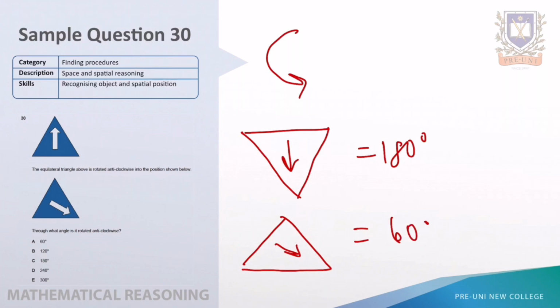So we have 60 degrees. And then we just add these two together to get 240 degrees. So we know that the angle has rotated 240 degrees anti-clockwise. So it's through a simple process and doing it step by step that students should be able to complete the question correctly.